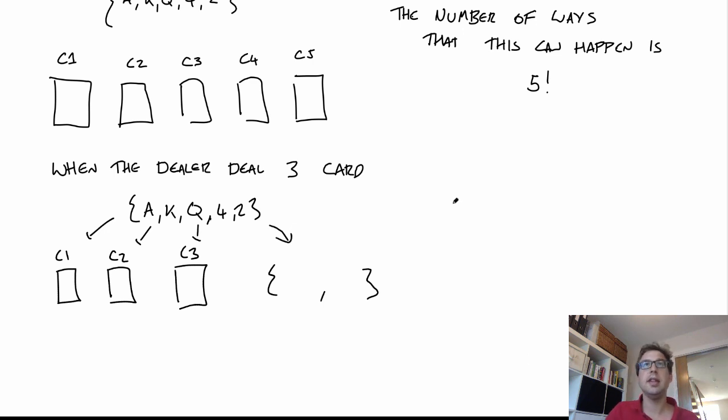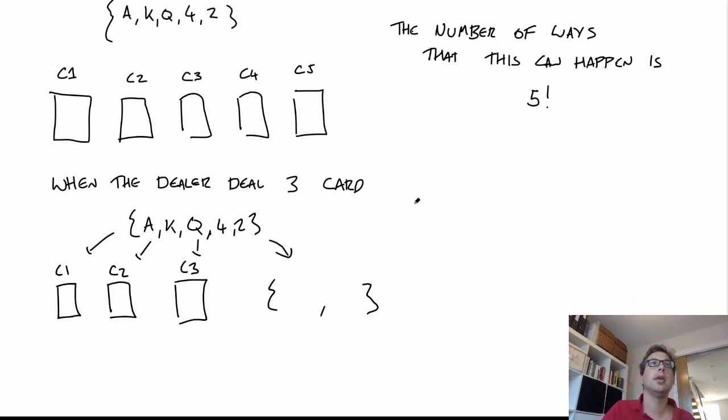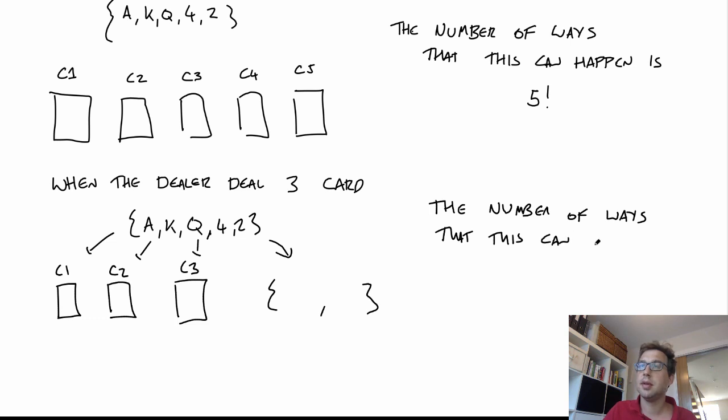So when the dealer deals 3 cards, the number of ways that this can happen, we know from our permutations example, is P(5,3), which was equal to 5 factorial divided by 2 factorial.